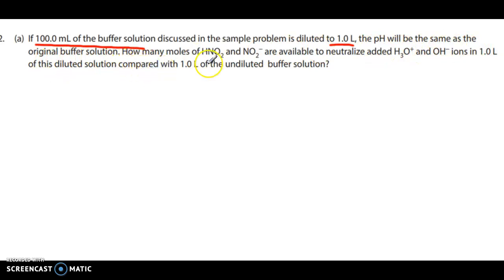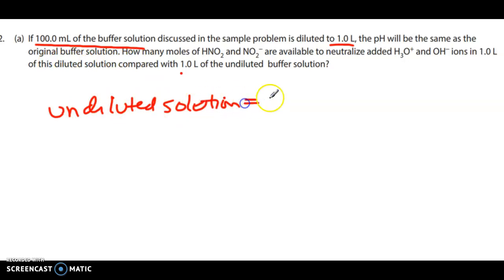How many moles of HNO2 and NO2 negative are available to neutralize added hydronium and hydroxide ions in the 1 liter of this diluted solution compared to the 1 liter of the undiluted solution? Okay, so in the undiluted solution, right, we have 1 mole per liter.